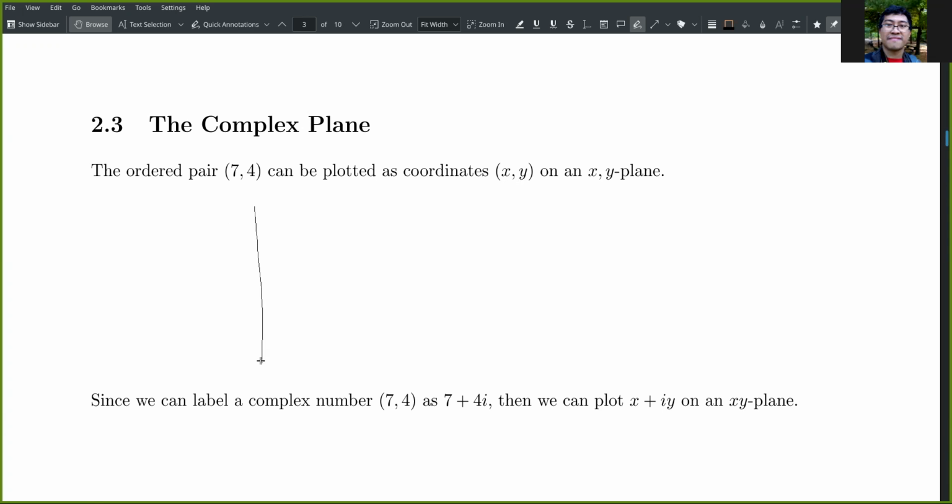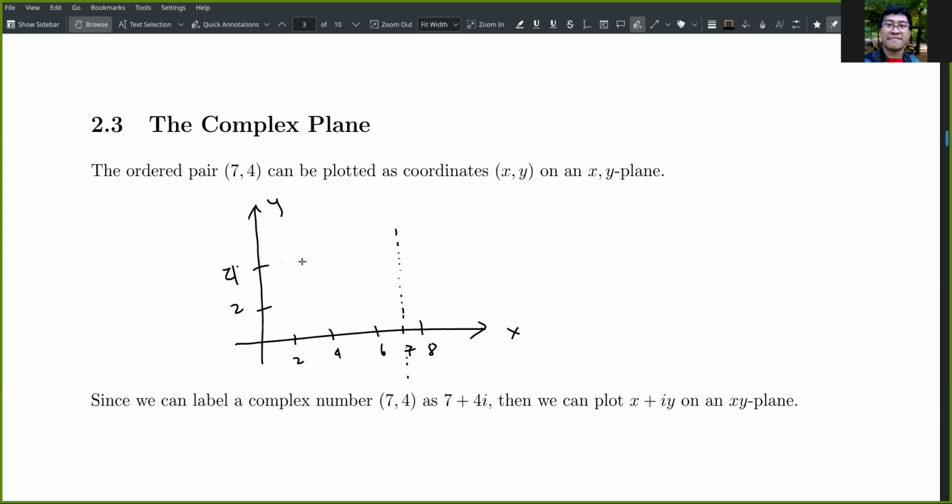So if this is an xy plane, we mark the coordinates. So let's say this is 2, 4, 6, 8, this is 7. So this line here are points x equals 7, and then suppose it's 2 and 4 on the y-axis.